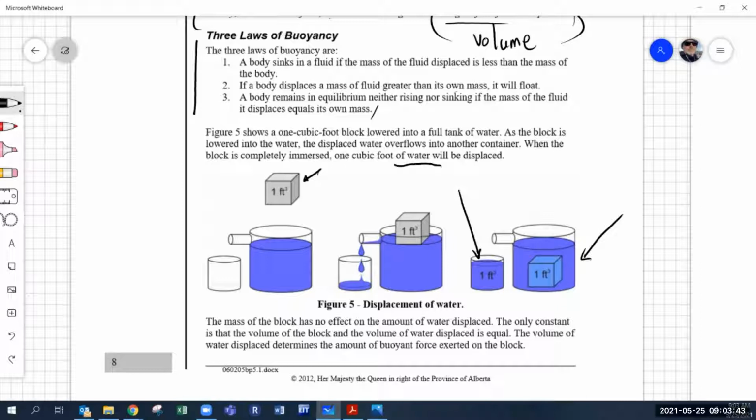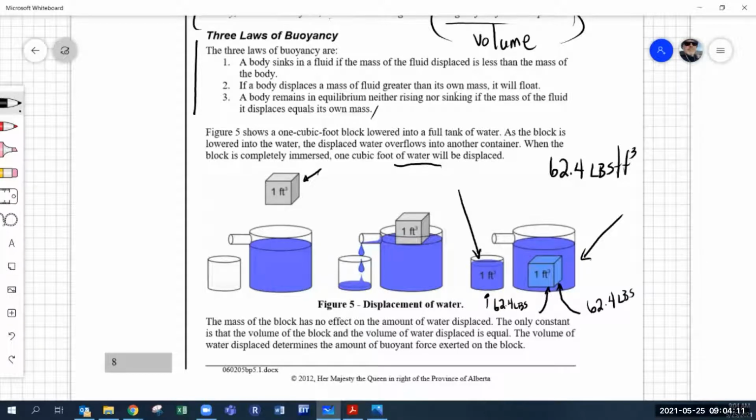Because we know 1 cubic foot of water weighs 62.4 pounds per cubic foot. So the buoyant force pushing up on this block will be 62.4 pounds.